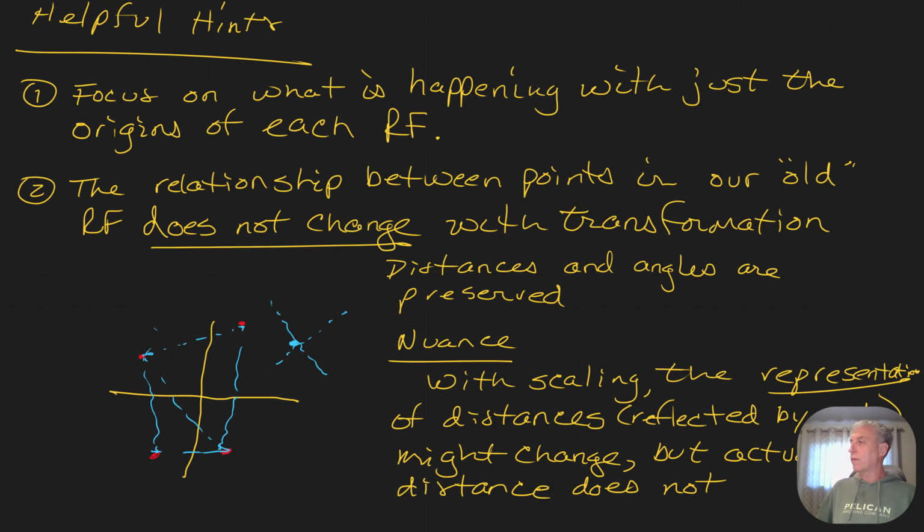really we scale a reference frame in order to accommodate moving from one metric to another metric. So we're moving from feet to meters. Our old reference frame is in feet, our new reference frame is in meters. That would involve a scaling to get the coordinates to adequately represent the new metric of the new reference frame.